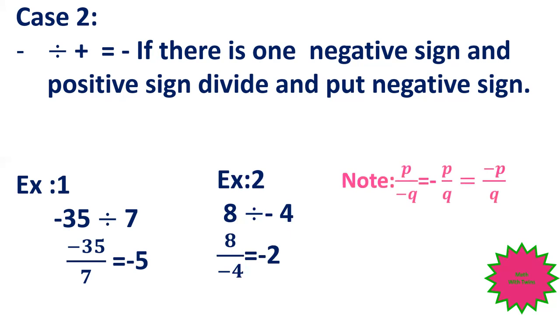And I told you 8 by minus 4 is equal to minus 2. But it shouldn't be that. But it should be 2 by negative 1. But I've done it as minus 2. This is because p by minus q is equal to negative p by q, which is also equal to minus p by q. Now, taking the same example, 8 by minus 4, when we simplify, we will get 2 by minus 1.